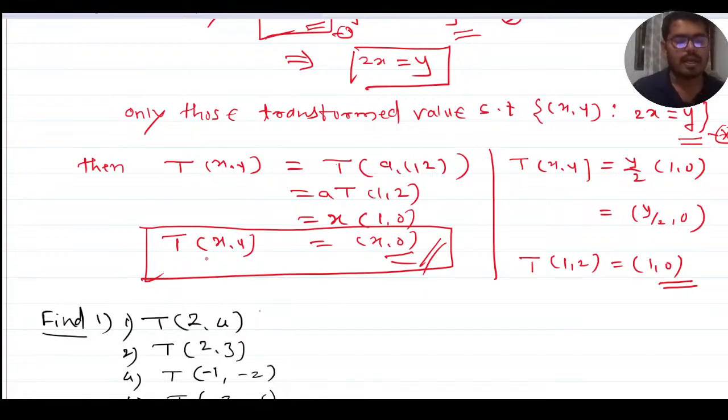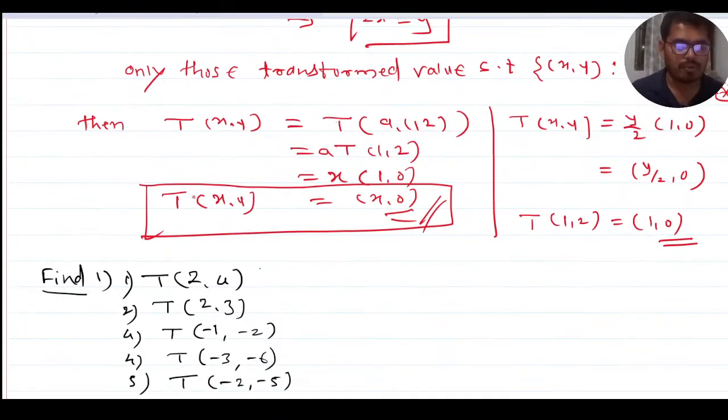Okay, next, see now. If (1, 0) is given, how do we find out T of (1, 2), T of (2, 4)? Can we find out T of (2, 4)? Yes, because here y is 4 and x is 2, therefore y is equal to 2x.